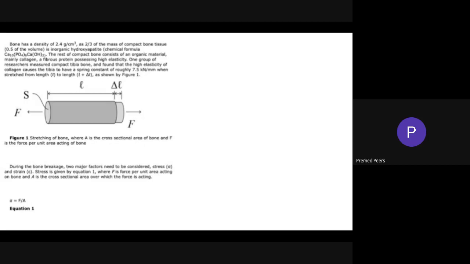So the image shows stretching of bone, where A is the cross-sectional area of bone and F is the force acting on bone. During bone breakage, two major factors need to be considered: stress and strain. Stress is given by equation 1, where F is force acting on bone, and A is the cross-sectional area over which the force is acting.